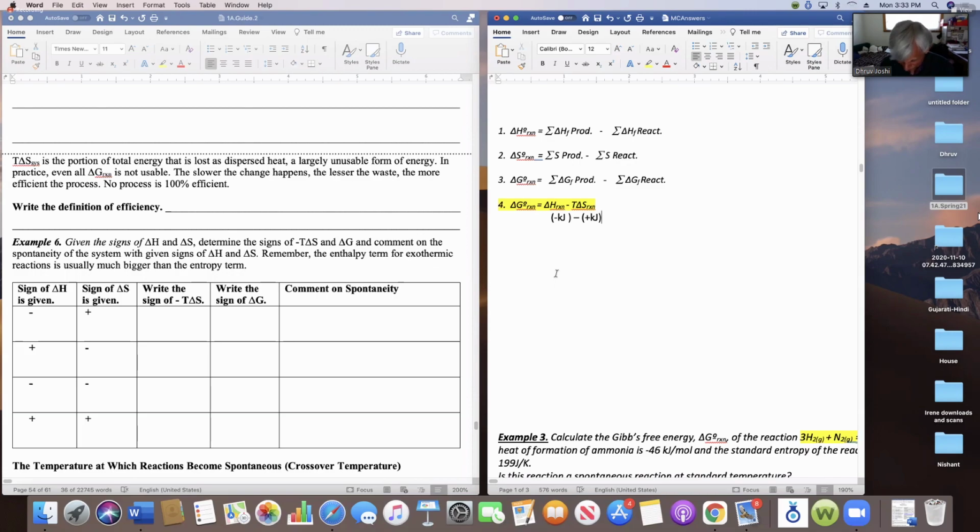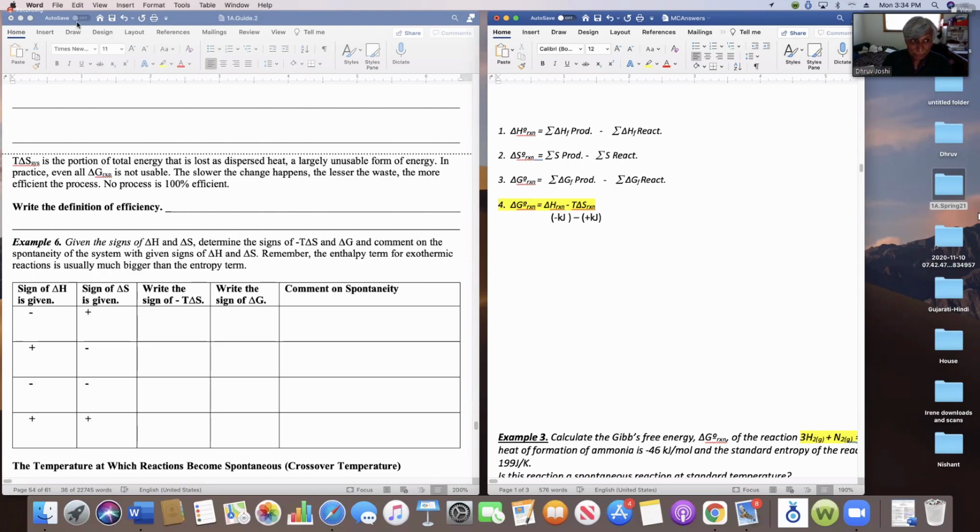Now, in this case, the sign of delta H is negative, so I'm going to write down negative here.